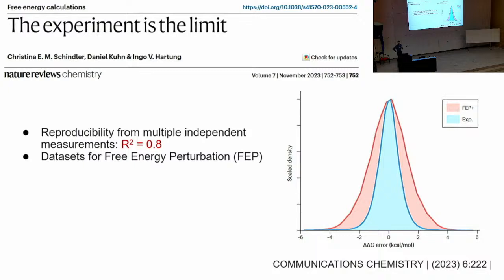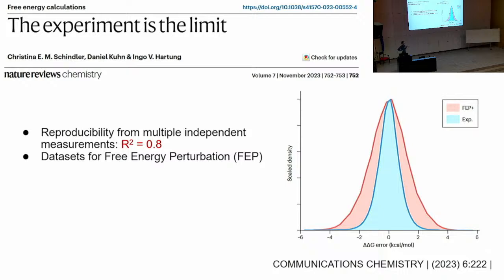So there was an R square of 0.8 in a case where two protein-ligand systems were measured in different laboratories. So the reproducibility of the results is not really great.